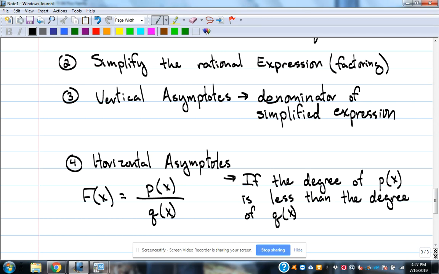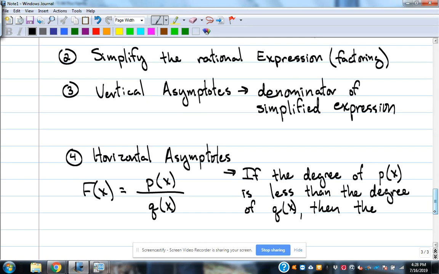That's an example of that, okay? So like a plain x on the top, x to the fifth power on the bottom. Doesn't matter how much less it is, it just makes the top is smaller than the bottom. That's the key to that, okay? So that's the if. If that's what's happening, if the degree of the top is less than the degree of the bottom, then the horizontal asymptote is y equals 0.